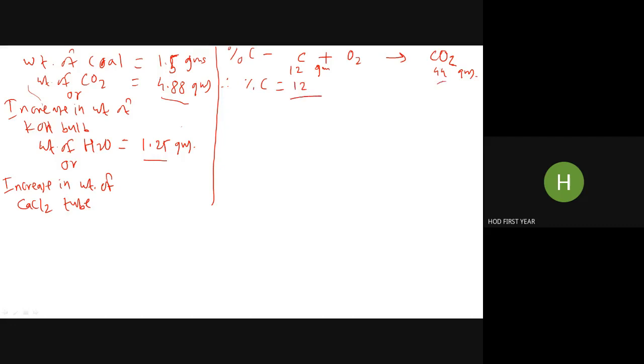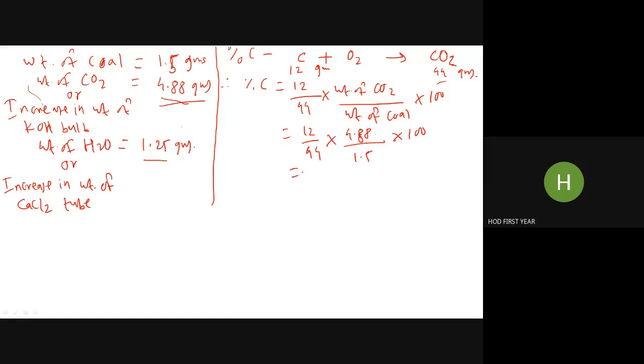Product means CO2, so that is 44 into weight of carbon dioxide produced upon weight of coal into 100. Okay, so that is equal to 12 by 44 into weight of CO2 is over here 4.88. Okay, upon weight of coal is 1.5 into 100. Very simple.